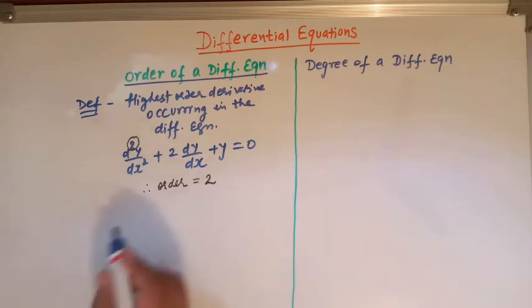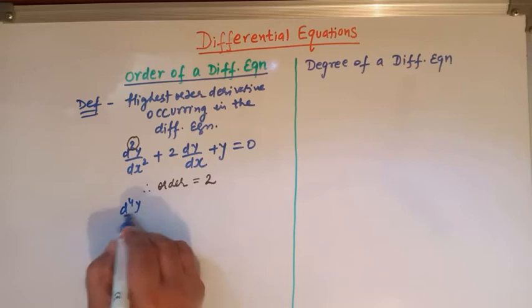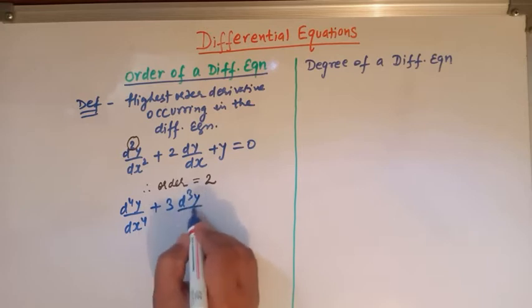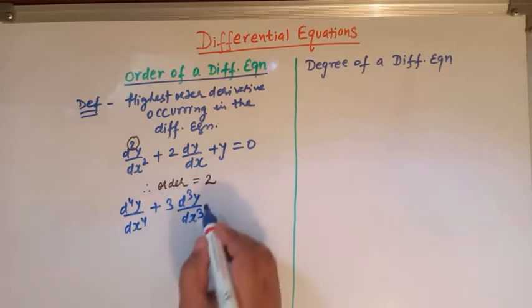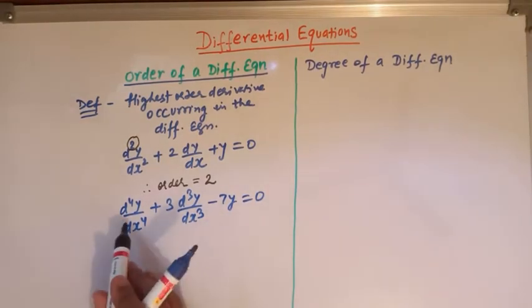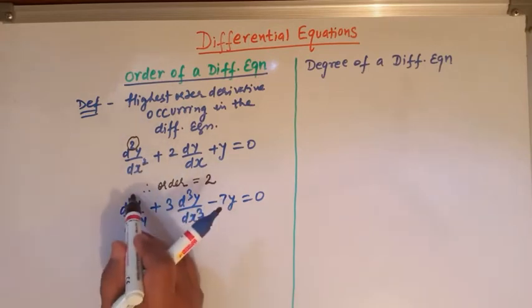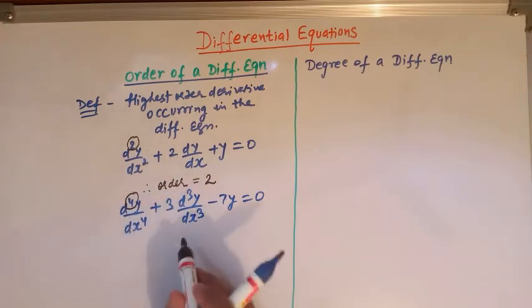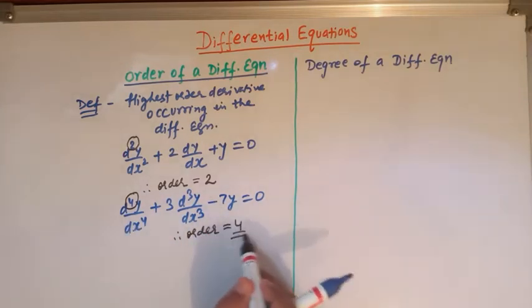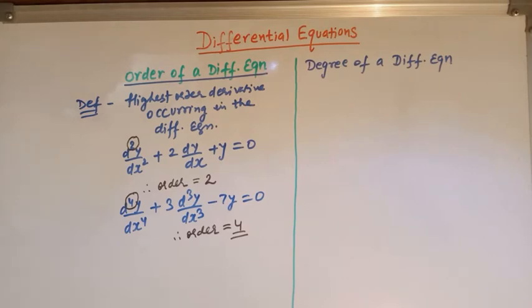Now similarly, if we have an equation of this type, say 3 d cube y over dx cube. Now suppose we have this equation. Now here we see that the highest order derivative is the fourth order derivative. So here the order of this differential equation is 4. Clear? So what is the order of a differential equation? Order of a differential equation is the order of the highest order derivative occurring in the differential equation.